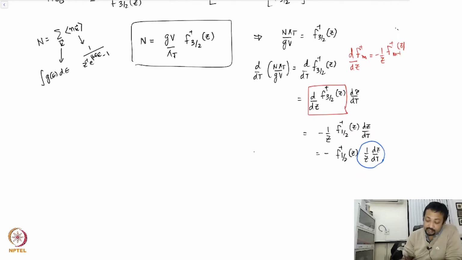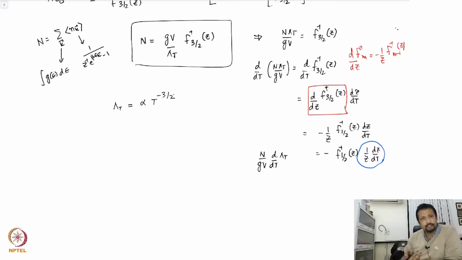I now have to evaluate the left hand side. The left hand side is n lambda t over gv d dt of lambda t. Lambda t, I know I will write down as alpha t to the power minus 3 half.